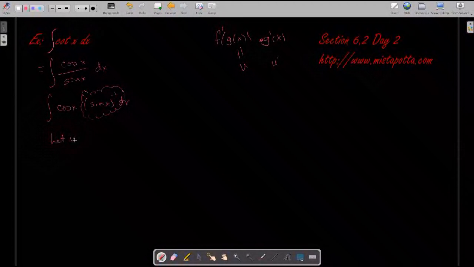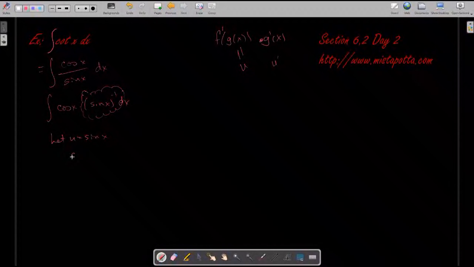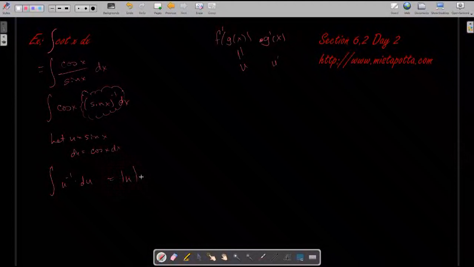So if I let u be sine of x, du in this case would be cosine of x dx. And so what I've got is the integral of u to the negative 1 du, which is natural log of u plus a constant, or the natural log of sine x plus a constant.